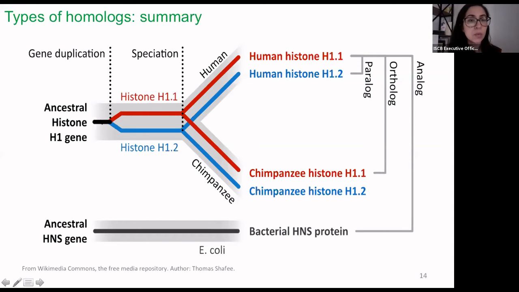But then we also know that this histone gene got duplicated before the divergence of humans and chimpanzees. And now we can see the duplication as histone 1.2 in chimpanzees and in humans. And within the genome of chimpanzees, we can see the paralogs, so histone 1.1 and 1.2, as well as in the genome of humans.